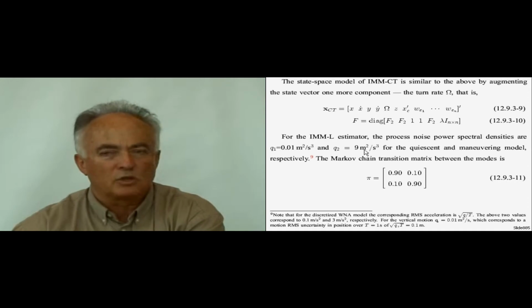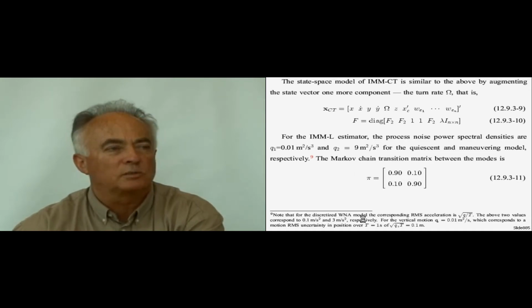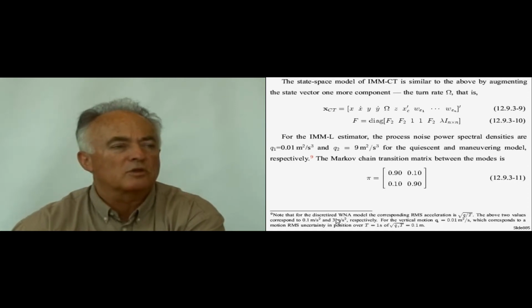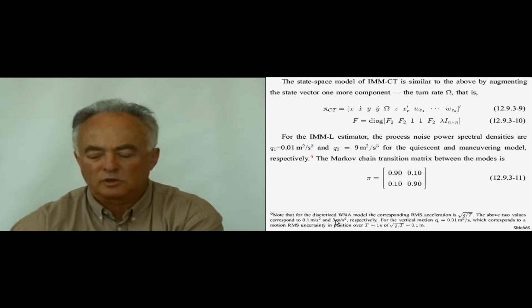Unless you have a large ratio, the filter will not be able to find out what's going on, but in any case, given the fairly severe maneuvers this object can undergo, sharp turns, this corresponds to about 0.3 g. The maximum acceleration of the object was around half a g. So this is roughly between the half and full value of the acceleration.